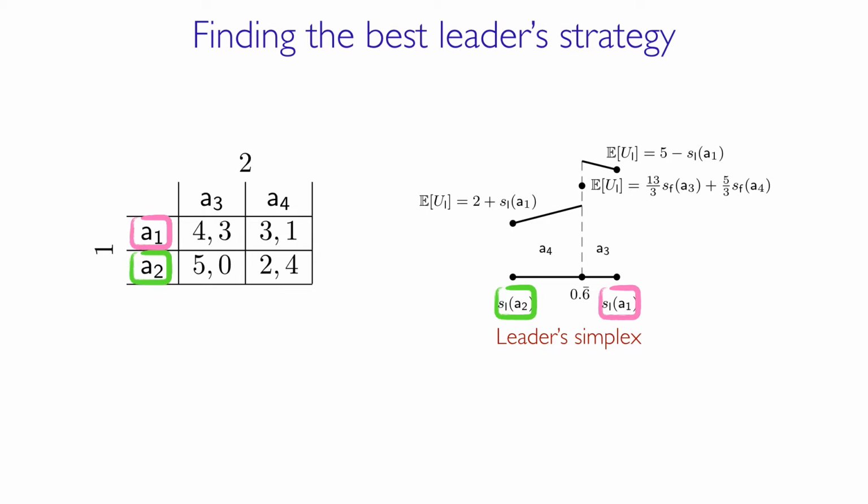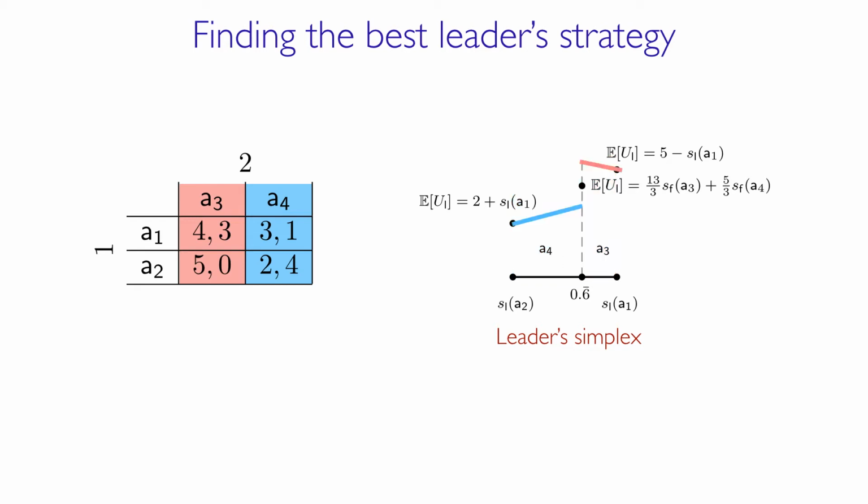Specifically, the right extreme of the simplex corresponds to playing action A1 with probability 1, while the left extreme of the simplex corresponds to playing action A2 with probability 1. When action A1 is played with a probability of at least 2/3, the best response of the follower is A3. Whereas, for every other strategy, the best response of the follower is A4.